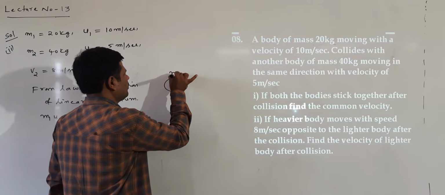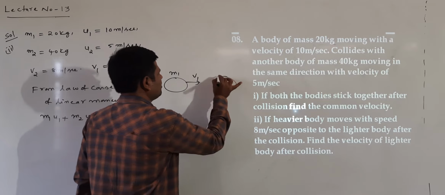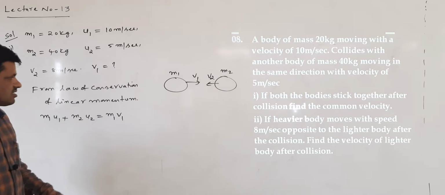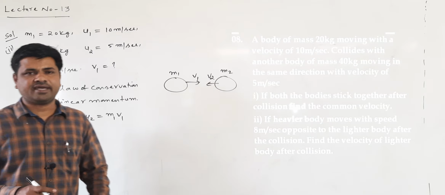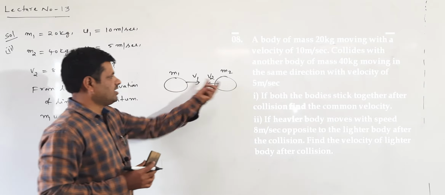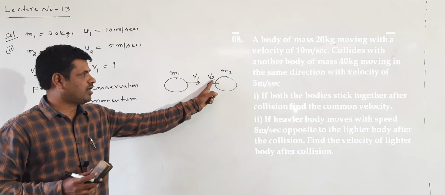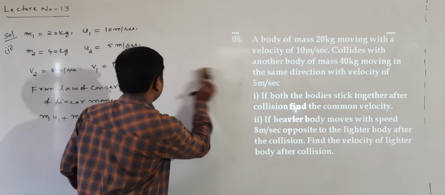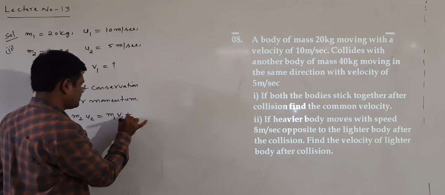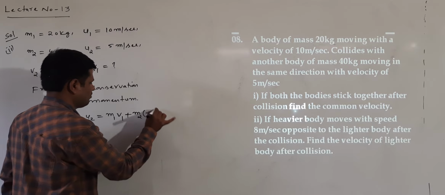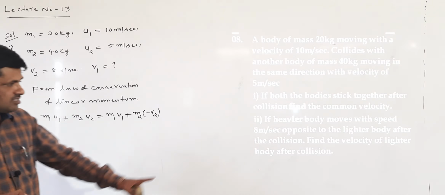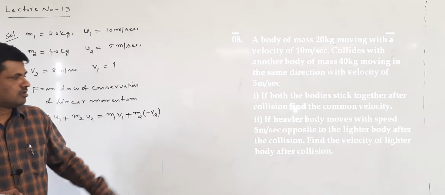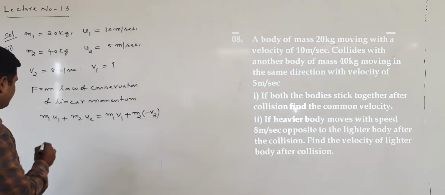After collision m1 body is moving in this direction, and m2 body is moving in the opposite direction. That's the reason I have taken v2 as negative. Don't confuse here.